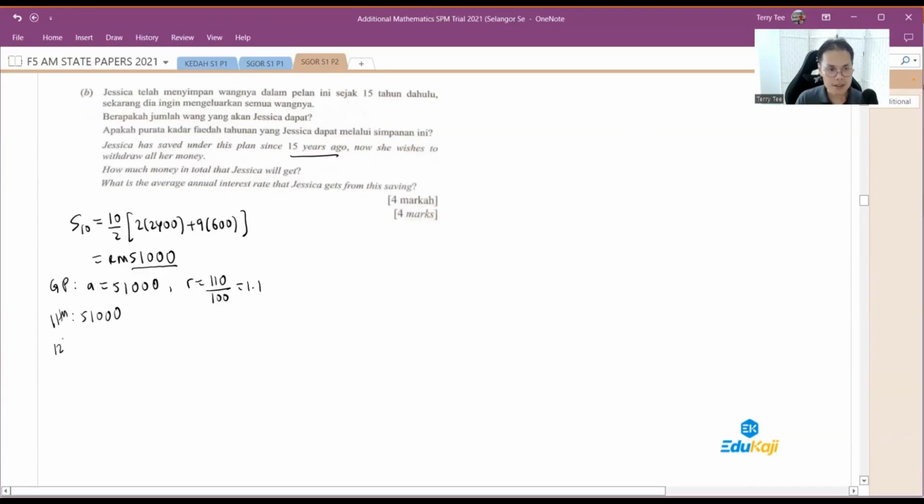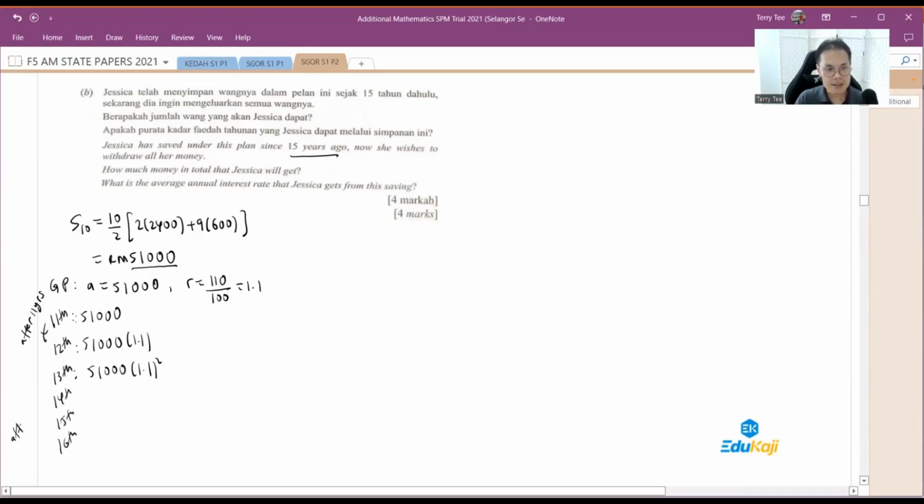At the beginning of the 12th year, she will get this amount times 1.1. After that, this amount will be compounded again, 1.1 squared. Then 14, 15. Now, here's the thing.